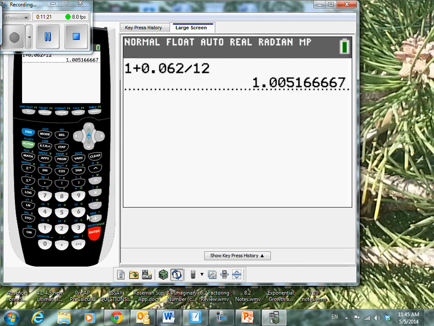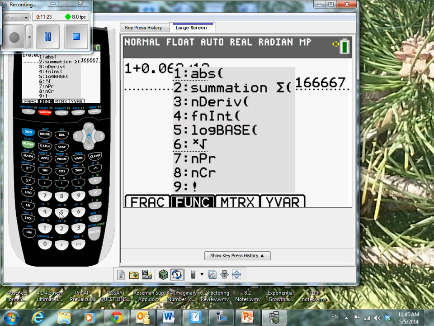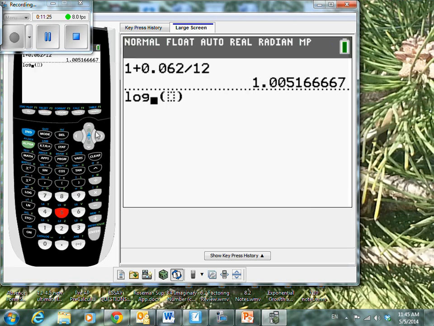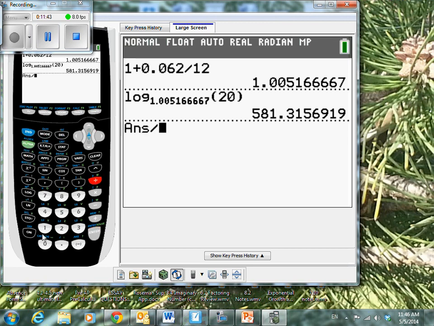And this is what I get. Now, when I do alpha window 5, the base, I will go back up and select it. Note that I put the whole thing. I do not round when putting on my calculator. Log base, all that of what? On this paper it was 20, and I press enter, and I will divide this value by 12.